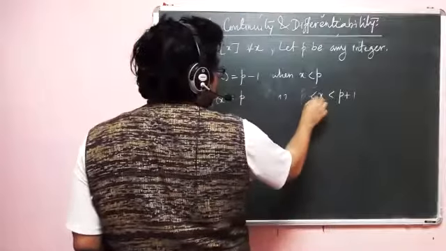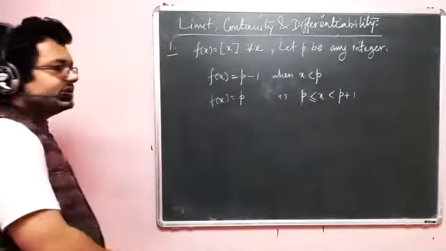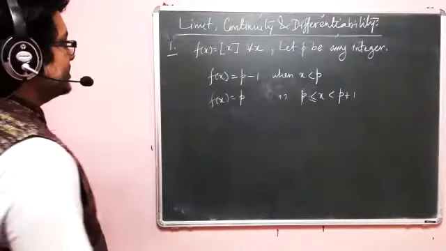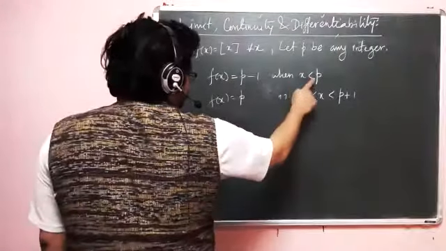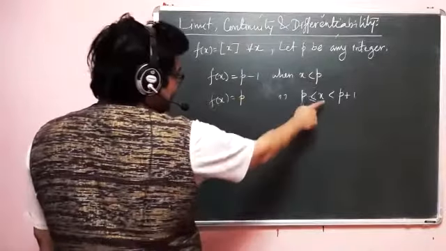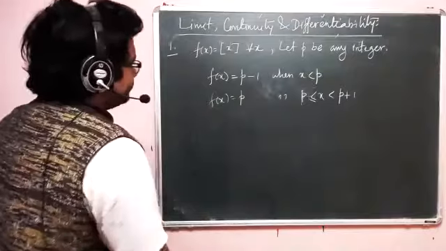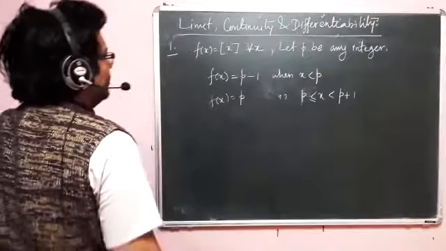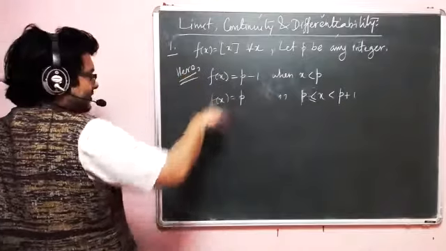So this is basically how we can define the floor of x for an integer P. Less than P, it is P minus 1, another integer. When it is equal to P, then obviously it is P. And for x less than P plus 1, we have this.